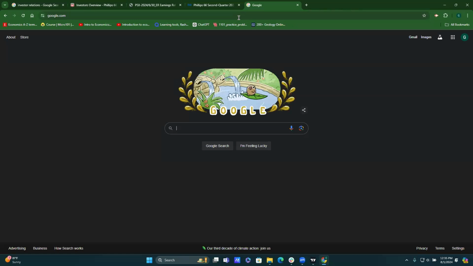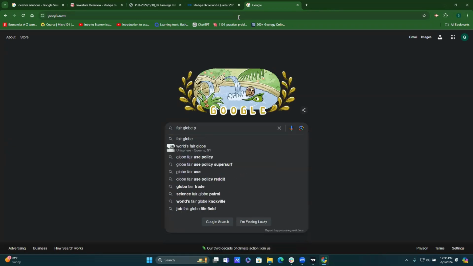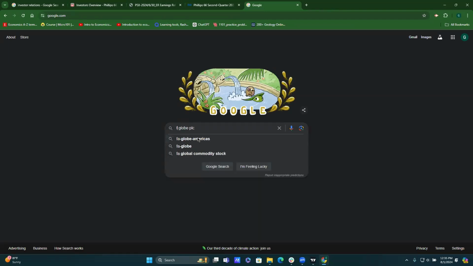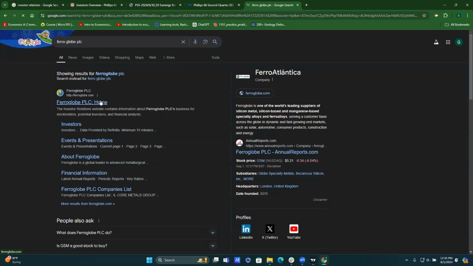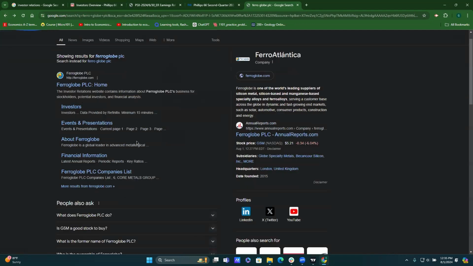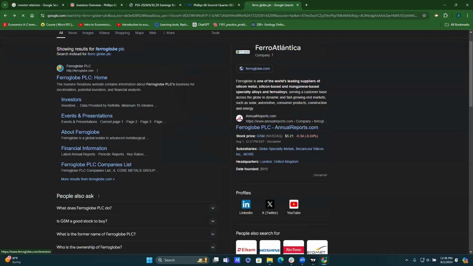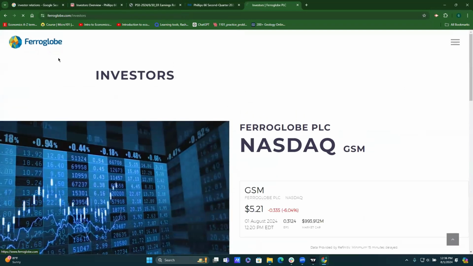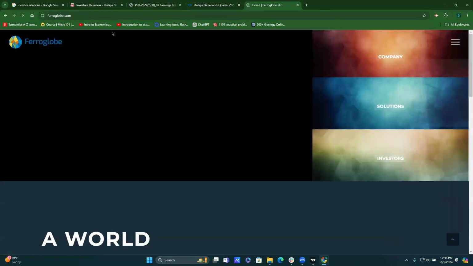Search up Globe. Yeah, that one. You can just go to the normal website home. It usually wasn't saying that on mine, but it's fine. They give you some data here for their investors.